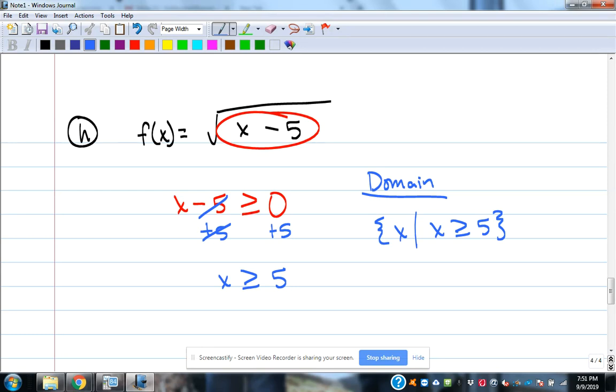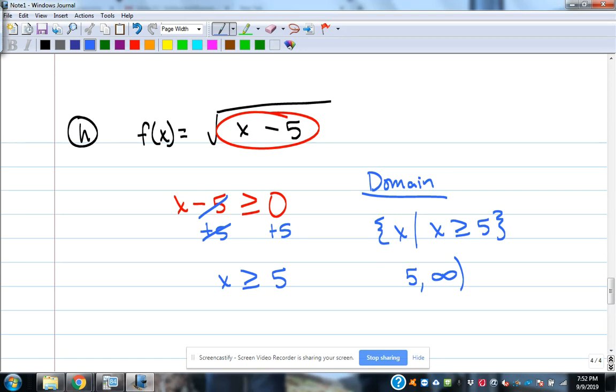Interval notation. What's the smallest x value that we could use according to that inequality? 5. 5 is the smallest one we can use. So that means our interval notation is going to start at 5 and go up. And if it goes up, where's it going to? Positive infinity, right? The only difference here is we have an equal to mark.